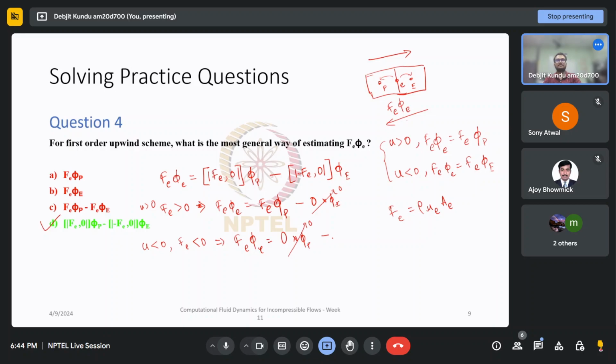Minus Fe is greater, so it will be minus minus Fe into phi E, because since Fe is negative, minus Fe is a positive number, and that is greater than 0. So this just boils down to Fe into phi E, phi capital E, sorry. So you see that these two we get, right?